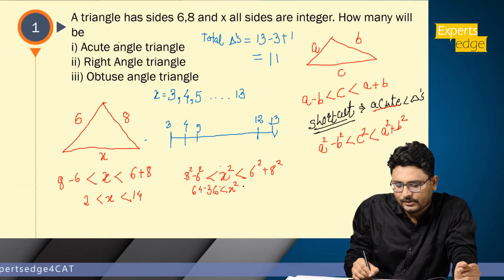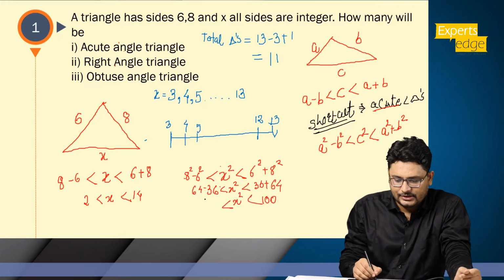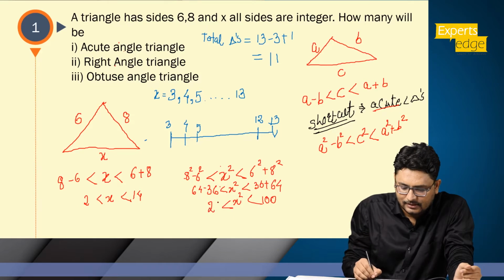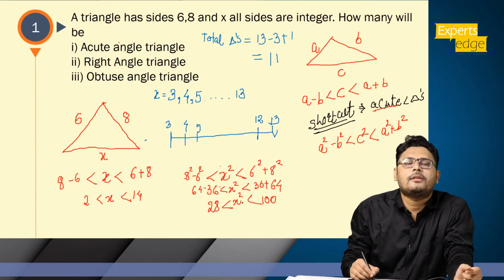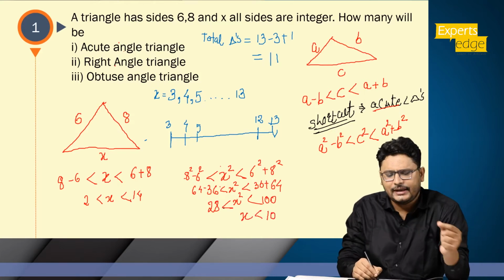This should be my x square, and this should be 36 plus 64. So basically my x square has to be smaller than 100 and greater than 64 minus 36, which is 28, right? Now what is the root of 100? As it is a square, I need a value of x. So 100 ka root is 10 and 28.